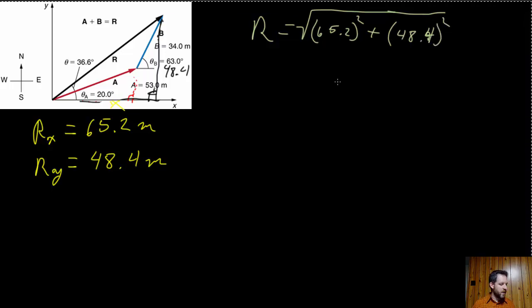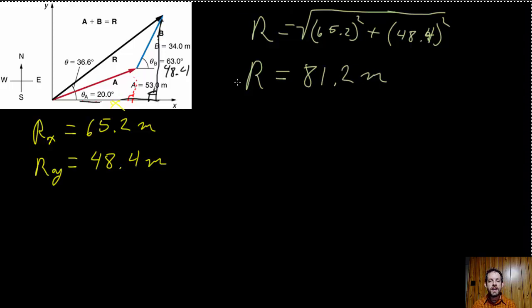Okay, so when we stick this in our calculator and do all the math, you end up with r, the magnitude of r, is 81 and 2/10 of a meter.